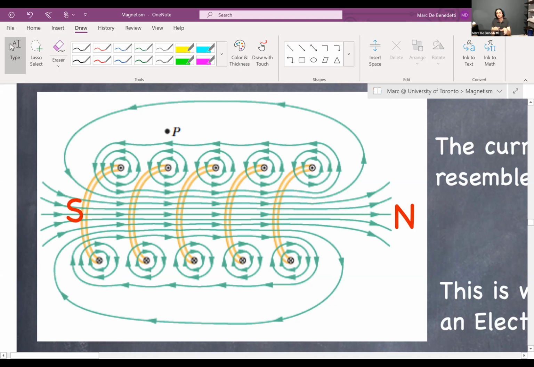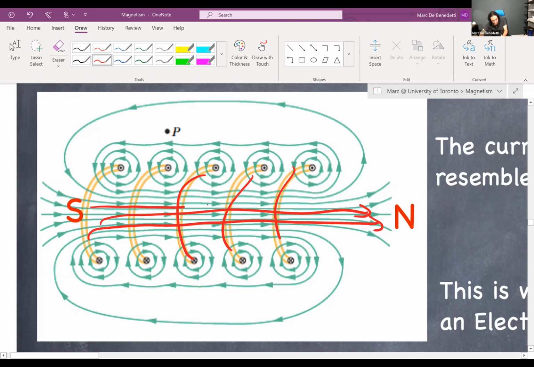We already know the B field due to a single loop has a very strong B field at the center of the loop. And if you put multiple loops in close proximity, then the strong center gets elongated. So the strong center, instead of coming out and then diverging right away, as a single loop would, it continues on. So you get a really strong center, and the field lines go straight through the middle of the coil here.